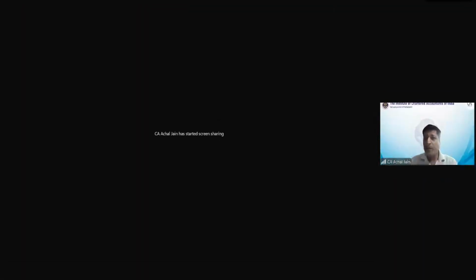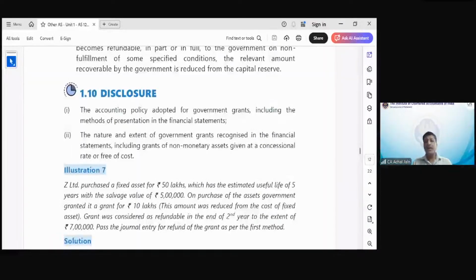Okay, so if you pick up question number 7: Z Limited purchased fixed assets for fixed land. There's a life of 5 years, salvage value of 5 lakhs. On purchase of the asset, government gave a grant of 10 lakhs. So this was reduced from the cost of the asset. Grant was considered as refundable in the second year to the extent of 7 lakh.